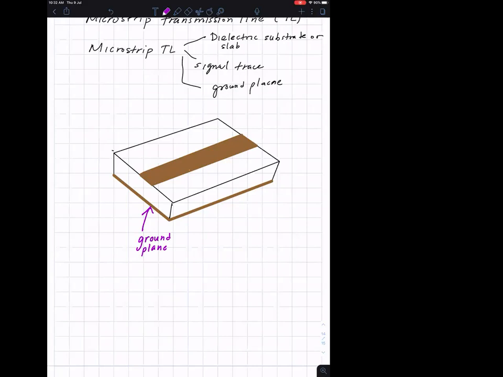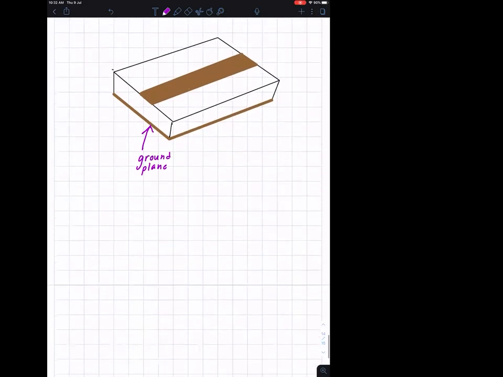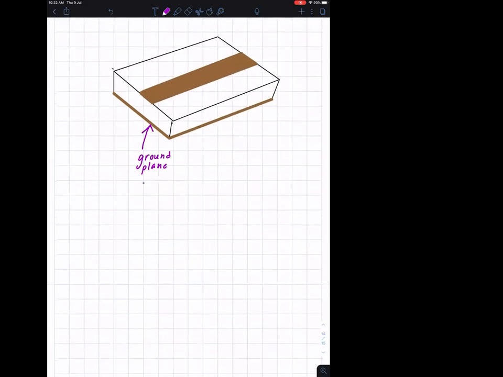Ground plane means it's not really a safety ground or something. It's a common return, a common ground where all signals return.